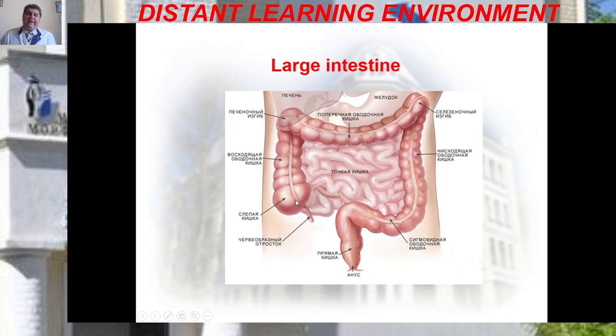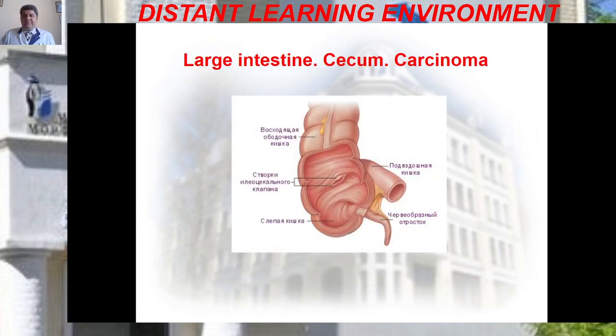And where these three taenia cross at the cupula of the cecum, the base of the appendix arises. For example, you may see the cecum and taenia, the taenia libera, and also you may see the connection between the ileum and cecum.